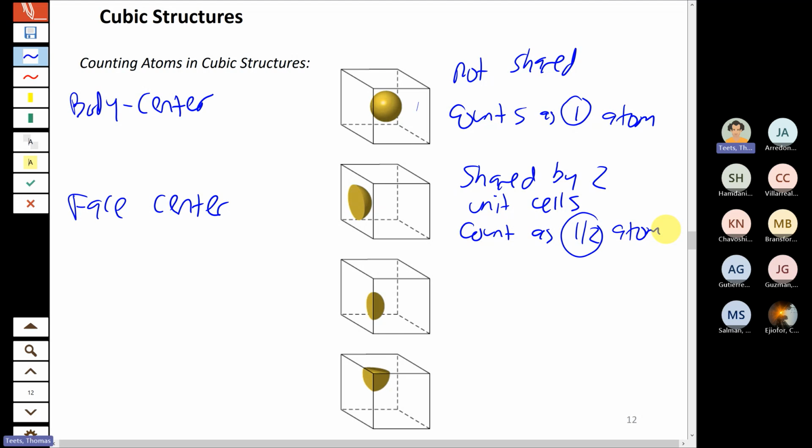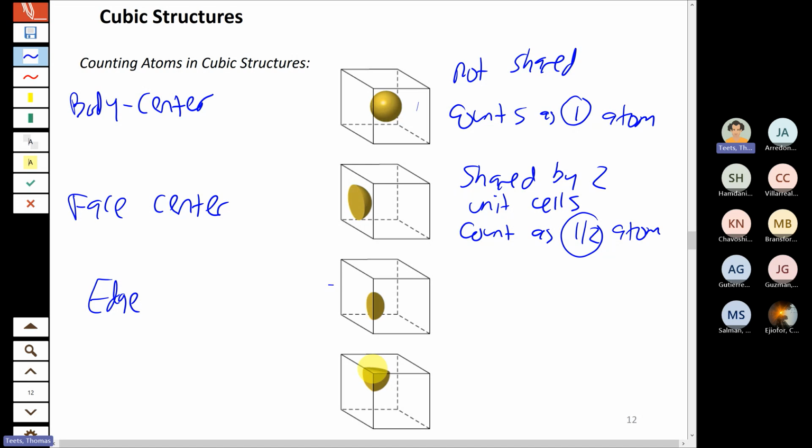Another position, which we won't really see until we talk about ionic compounds, is the edge position. If you stack cubes together in all directions, you're going to have 4 cubes sharing each edge. There'd be one next to it, one in front of it, and then one in that direction as well.